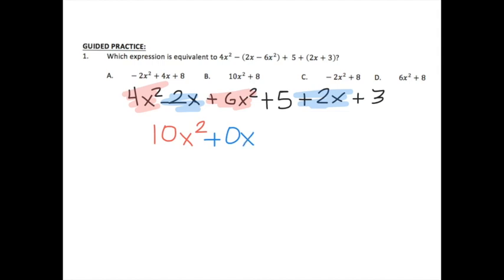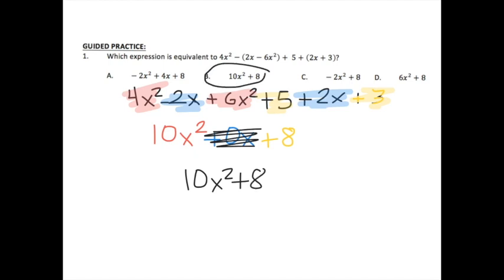Then at last, we have our numbers with our numbers, which is positive 5 and 3, plus 8. So our answer is 10x squared plus 8, giving us answer B.